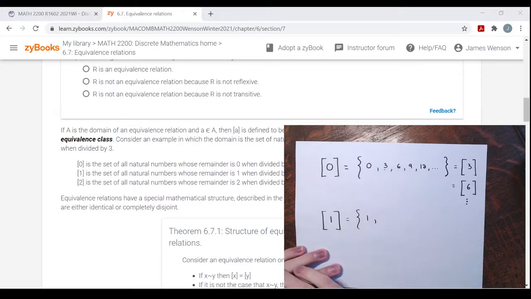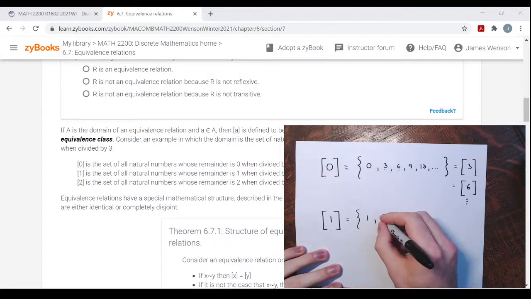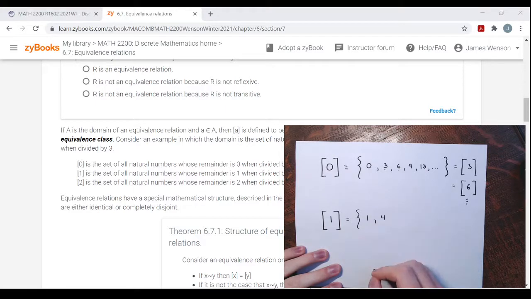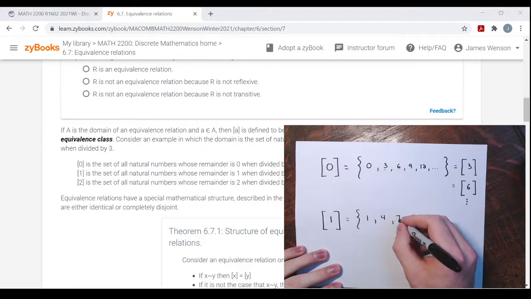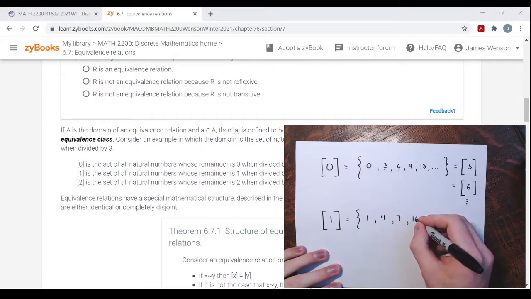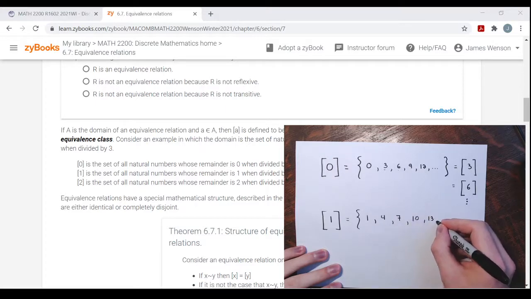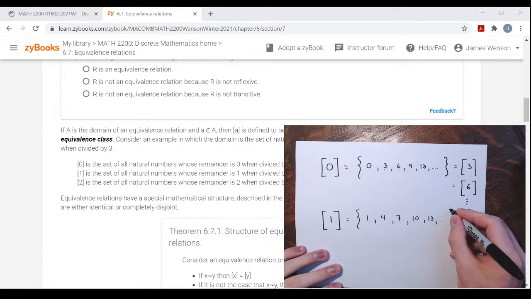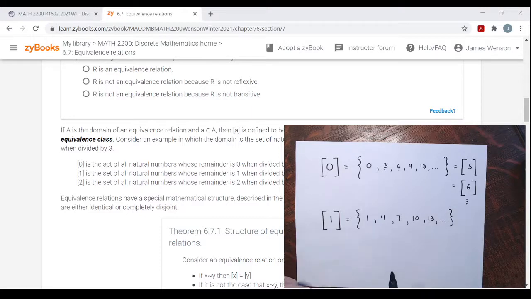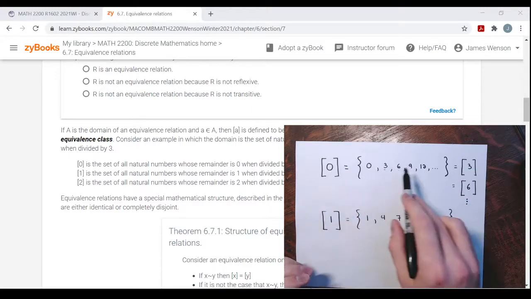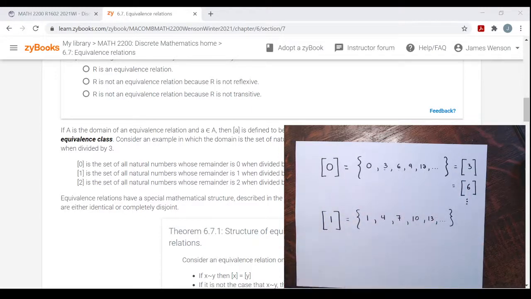And then really I can just keep adding 3. 4 has a remainder of 1 when you divide by 3. 7, 10, 13, and so on. And like I said, with the first one, the equivalence class of 0 was the same as the equivalence class for 3 or 6 or 9 or 12.